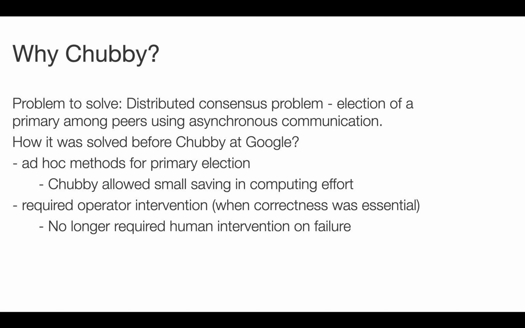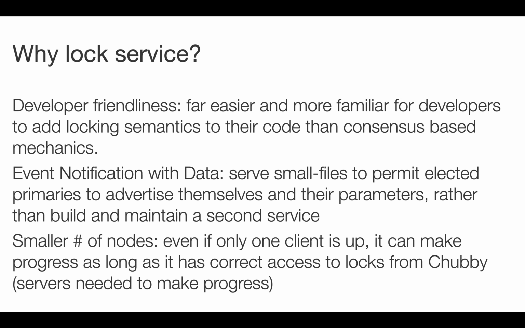On the other hand, sometimes they required operator intervention when correctness was essential. After Chubby was made, it made both of these ways easier. With ad hoc methods, Chubby allowed small savings in computing effort, and in the latter case, it achieved a significant improvement in availability in systems, and now those systems no longer require human intervention on failure.